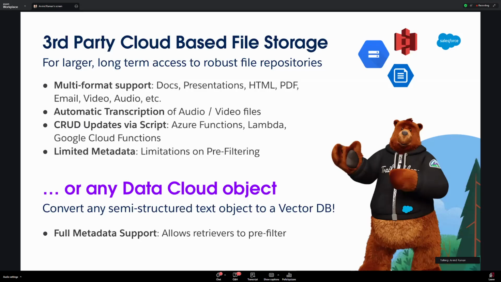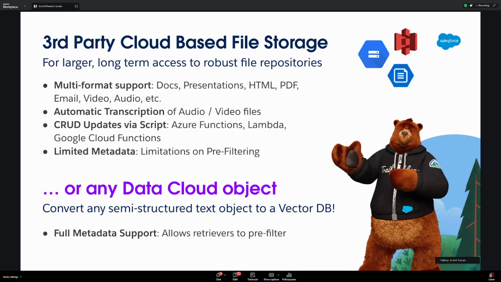Whereas now with the third-party cloud file storage, we do support multiple formats from docs, presentations, HTML, PDFs. We do automatic transcriptions. You get more granular control on file management.